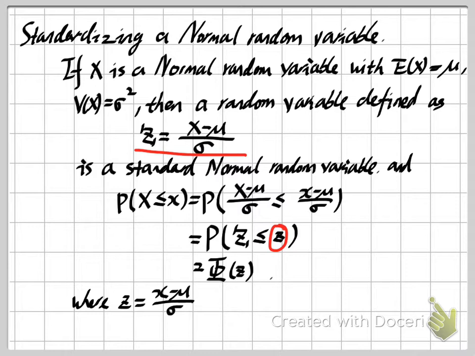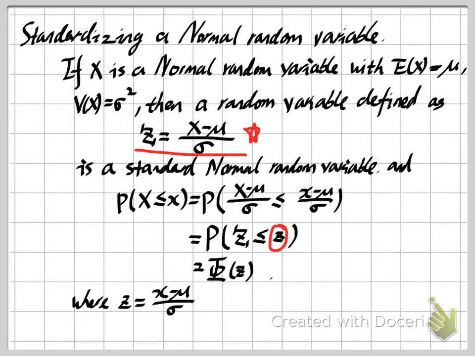Here this small z is defined by the value of our small x minus the mean mu divided by the standard deviation sigma. So this is how we can use the equation capital Z equals capital X minus mu divided by sigma to rewrite a normal random variable as a standard normal random variable.